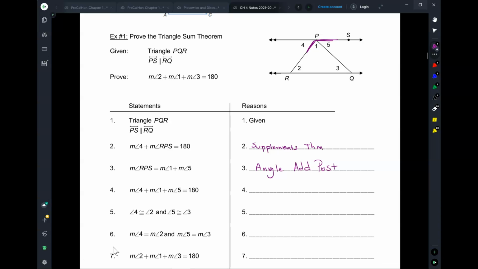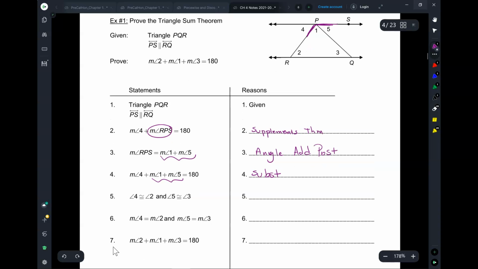So, measure of angle 4 plus RPS is 180. RPS is measure of angle 1 plus measure of angle 5. And now I can combine them, right? I can say measure of angle 4 plus what was RPS? 1 plus 5. So measure of angle 4 plus 1 plus 5 is 180. What is that? Substitution, exactly.